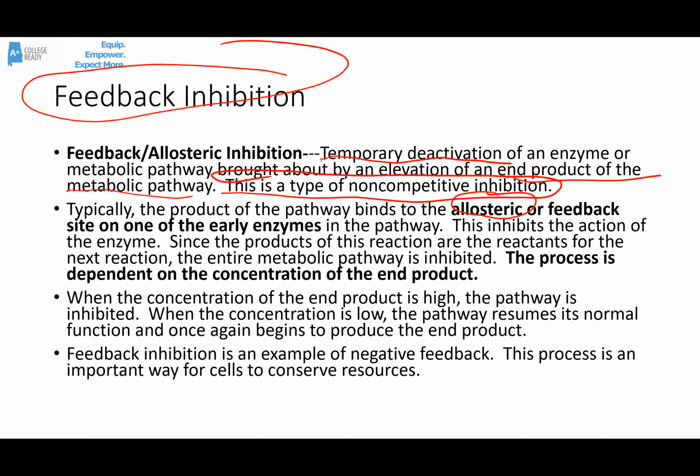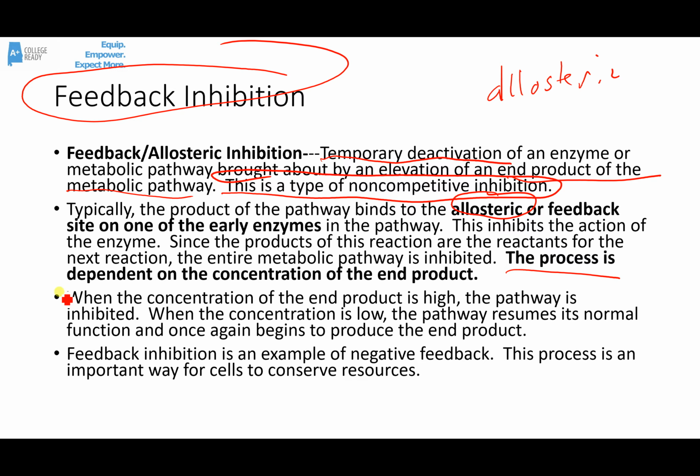Typically, the product of the metabolic pathway binds to one of the early enzymes in the pathway. And it binds to not the active site typically, but to a spot on the enzyme called the allosteric site or the feedback site. Either way, that changes the shape of the active site and temporarily inhibits the enzyme from working.